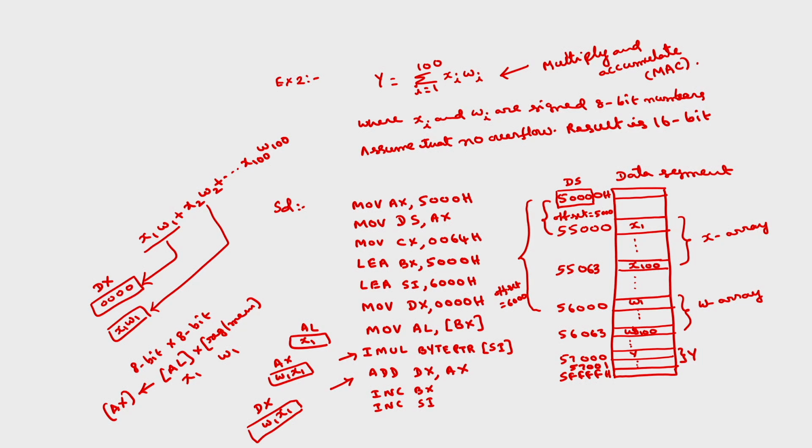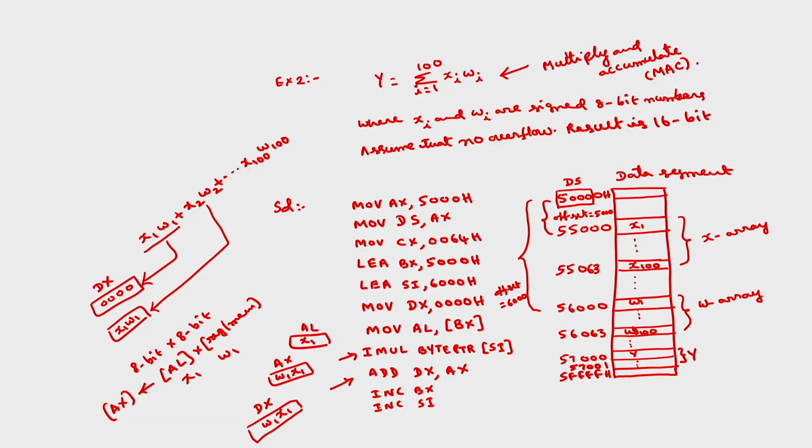Then because CX is pointed to the array length, and if I use the loop instruction, by default that CX will be decremented by 1. So I can use now loop up, so that CX will be decremented by 1. If CX is not equal to 0, it will go to the up.